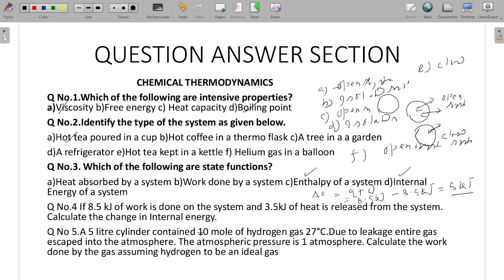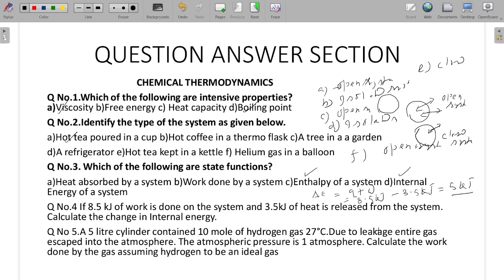Then next is question number 5. If a 5-liter cylinder contains 10 mole of hydrogen gas at 27 degrees centigrade, and due to leakage, the entire gas escaped into the atmosphere.